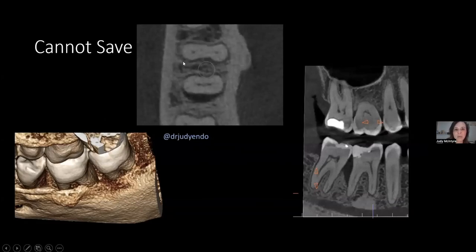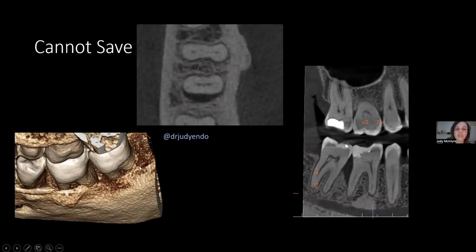bone, bone, bone, a little bit of whitening, bone, bone, big, huge Mickey Mouse ear, right? Like I've been showing you little Mickey Mouse ears. This is like a whole barnacle on the side of the distal root because this is massive bone loss, massive angular defect. This has probably been there for years.